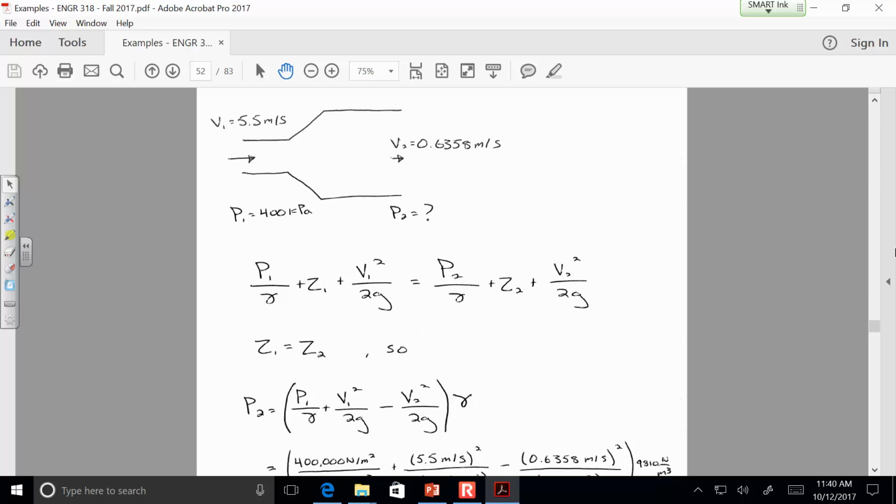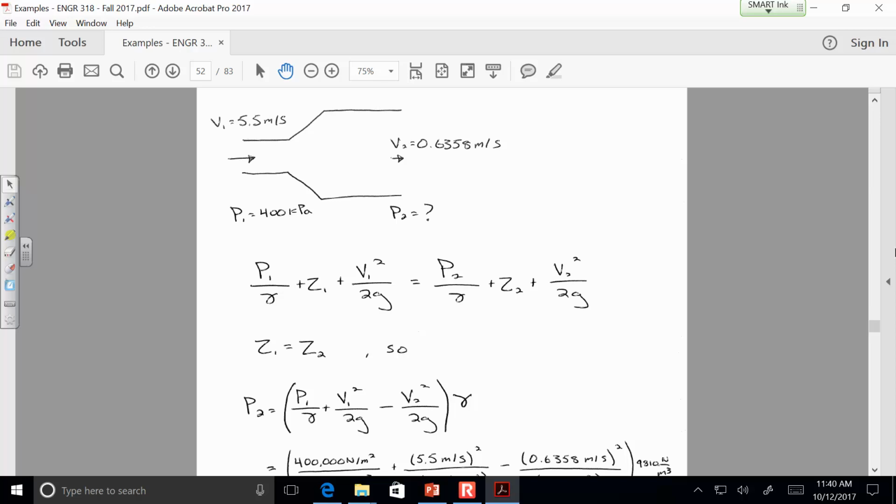Z1 and Z2 are equal since it's a horizontal pipe. So we can rearrange Bernoulli's equation to solve for P2. It's going to be P1 divided by gamma plus V1 squared divided by 2g minus V2 squared divided by 2g, multiplied by gamma. Since P2 is the unknown, we're trying to isolate that variable on the left-hand side of the equation. So we'll just make the substitutions now.